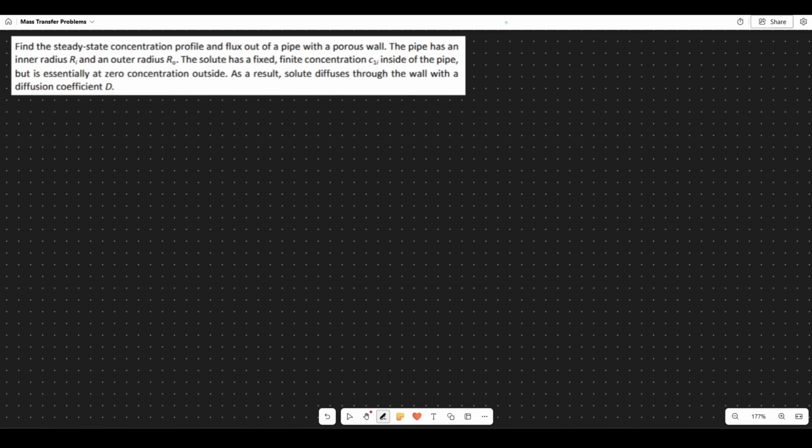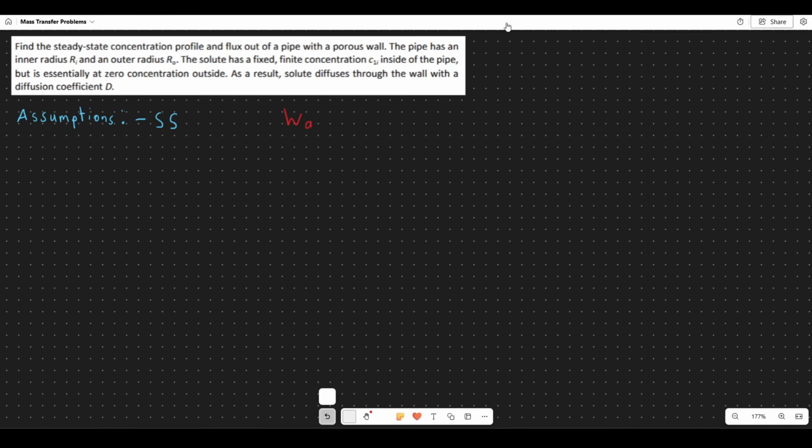The problem is basically asking us to find the steady state. So assumptions, right? We always want to make sure that we know what our assumptions are. First of all, the problem already says steady state. We need to find the steady state concentration profile and flux. So what do we want?